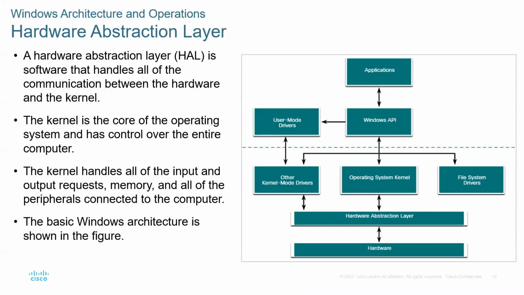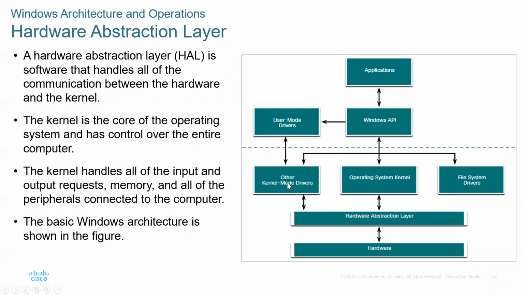And the Windows design looks like this. You start with your hardware layer. This is your RAM, your CPU, your physical hardware, everything inside of here. Then you have this hardware abstraction layer. This is where it makes common references to the hardware below, so you can obfuscate the different types of hardware.